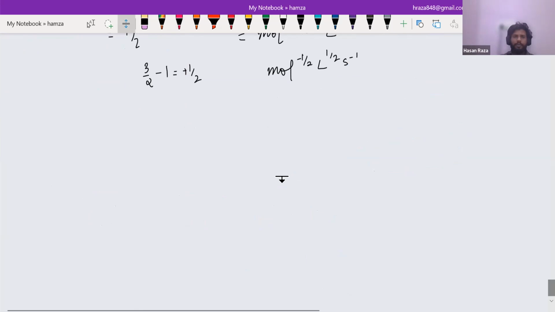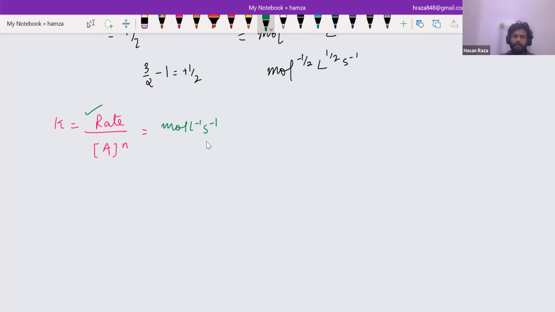So I'm just going to explain it again. You know that k will be equal to rate upon A raised to the power of the nth order. So I'm going to put n in place of the order. What is the unit of this rate? As you know, this will have unit mole per liter per second upon A, that means concentration, mole per liter raised to the power n. Again, you can see this is mole per liter per second, and in the denominator, mole raised to the power n there will be, and then liter raised to the power minus n.